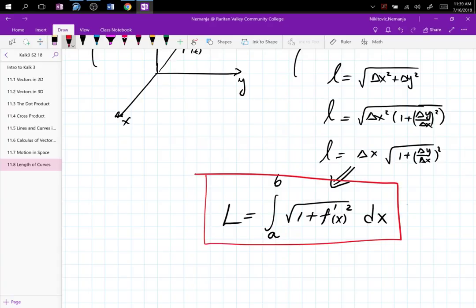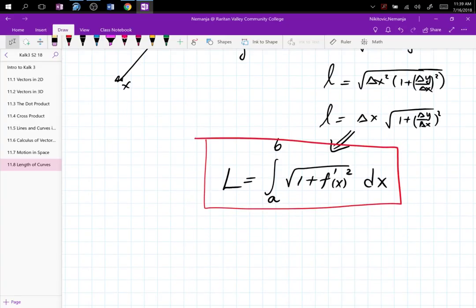Now that's your Calculus 2. I believe this was section 6.5 or 6.6, probably 6.5, in your Calculus 1, Calculus 2. Now, what do we want to do here?